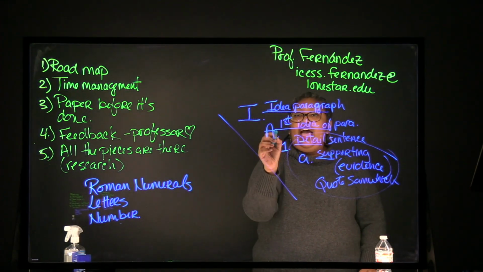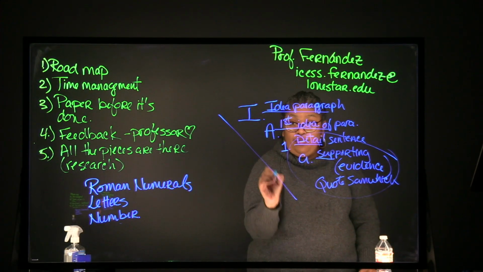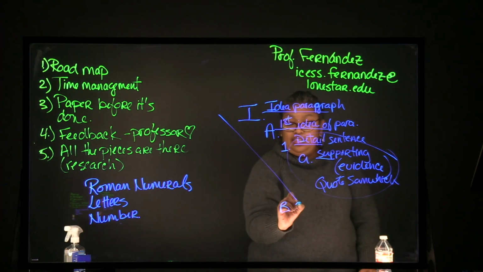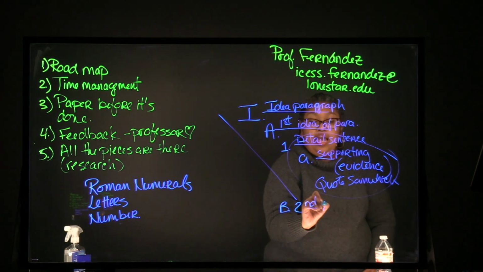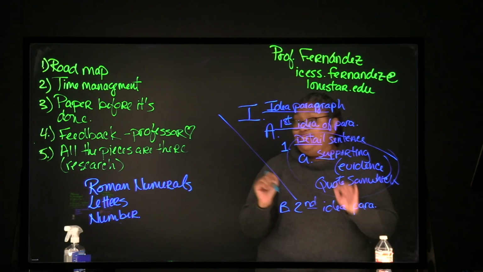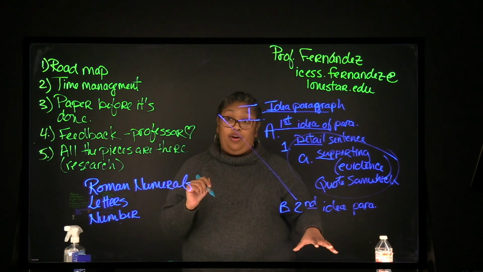Now say we have another big idea for this paragraph. We're gonna bring this down here, the next letter, second idea. And it goes on and so on, all the way down the line until you're done with the paragraph, right?